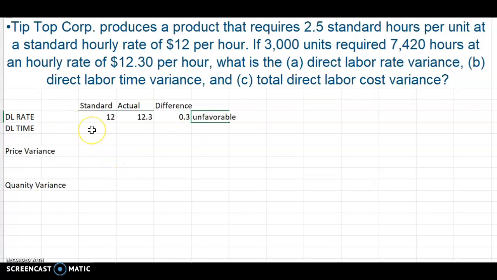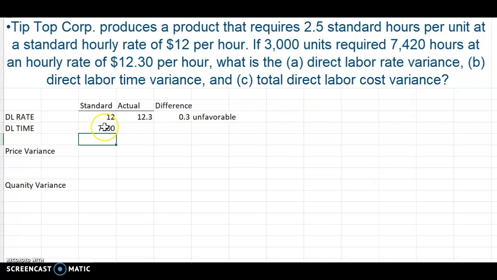Okay, let's do our time. So we thought it was going to take 2.5 standard hours per unit, and we made 3,000 units. So let's do 2.5 times 3,000, because 3,000 is our standard.